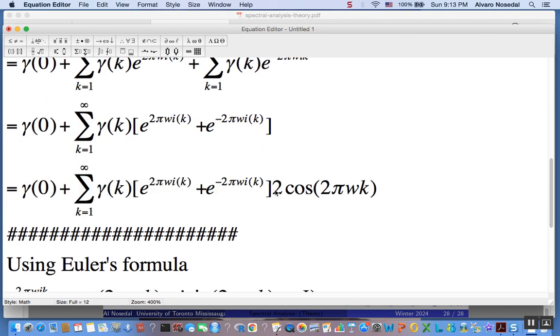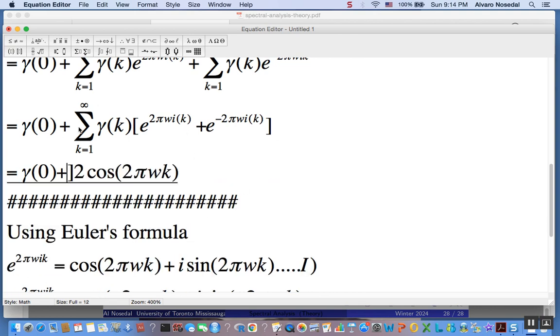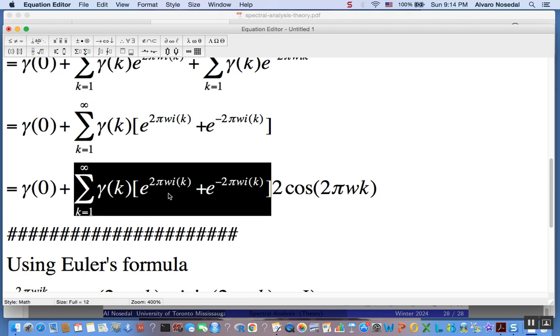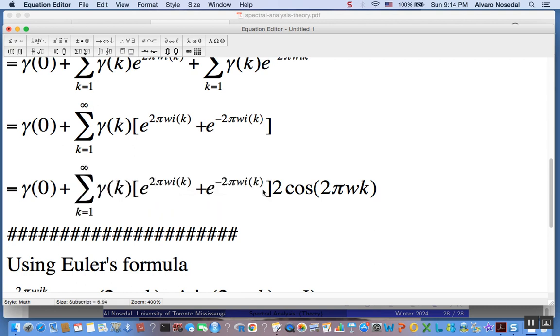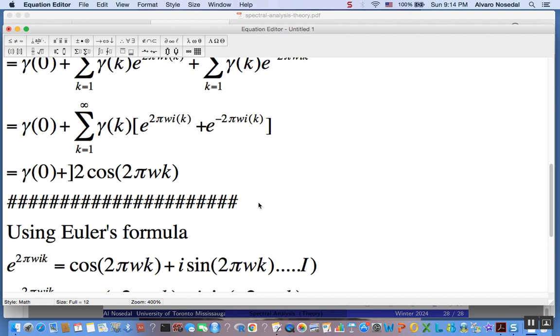So I'm going to substitute this. Oops, not what I wanted to do. Let me just copy paste that again. And here, what I have is, oh my god, let me rewrite it then.